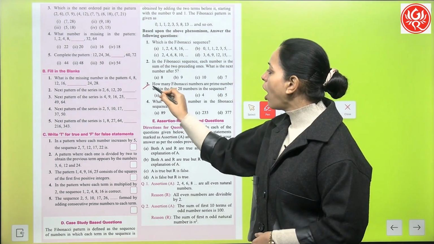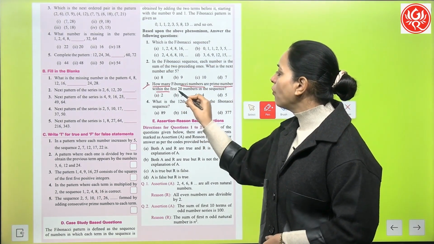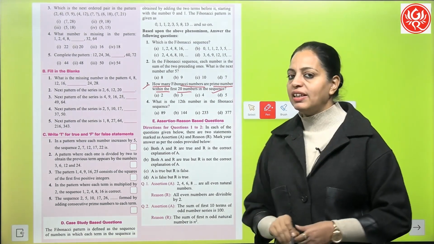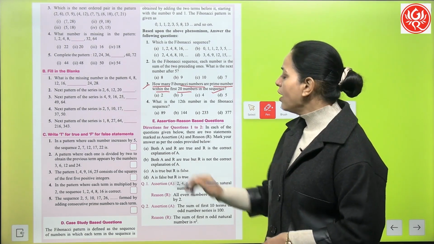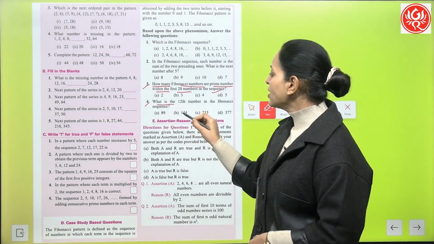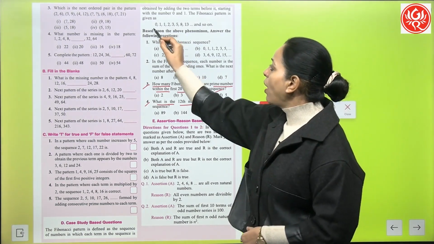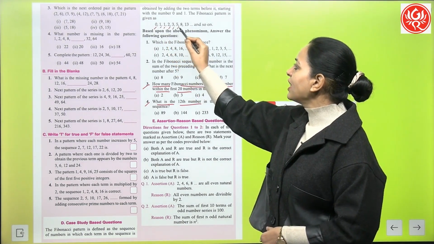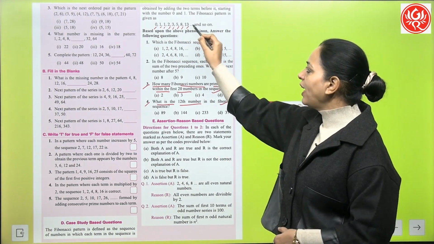Now the third one, how many Fibonacci numbers are prime numbers within the first 20 numbers in the sequence? Just try this one on your own. Okay. Now the fourth one, what is the 12th number in the Fibonacci sequence? See, 1, 2, 3, 4, 5, 6, 7, 8. 8 numbers we have. Now find the next.